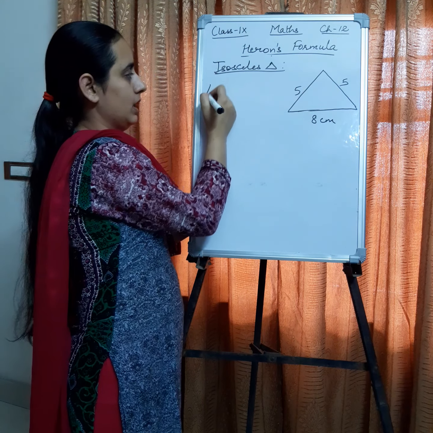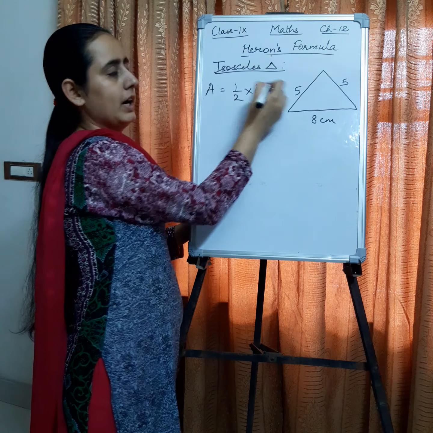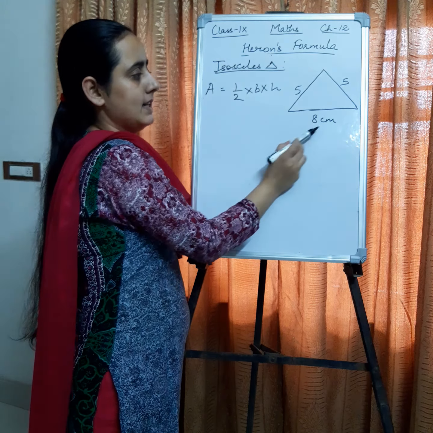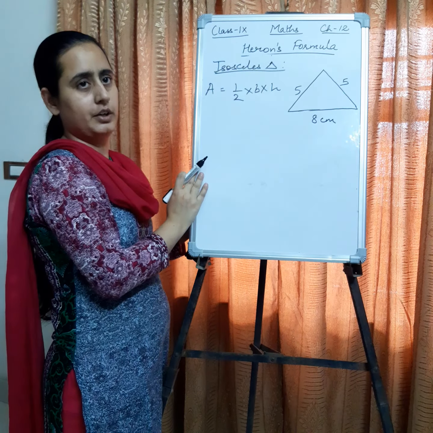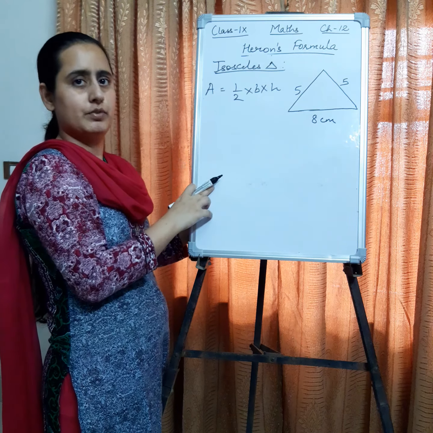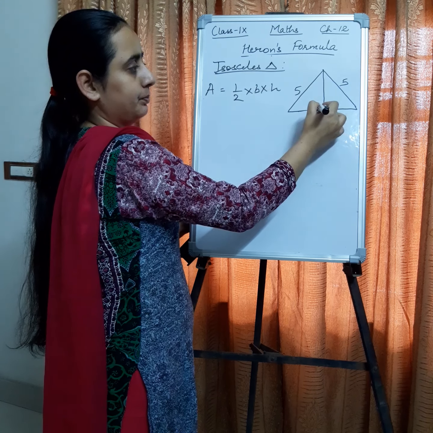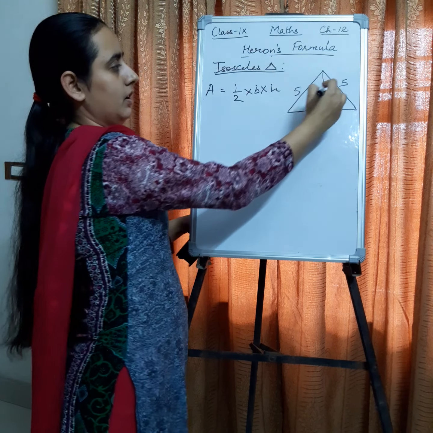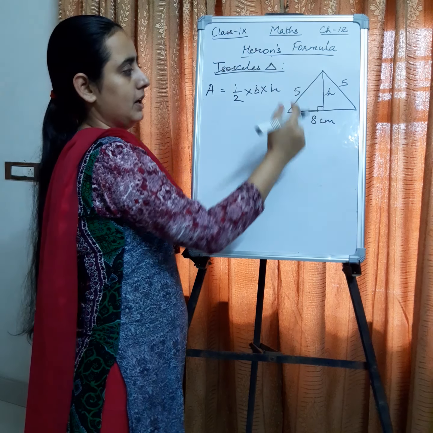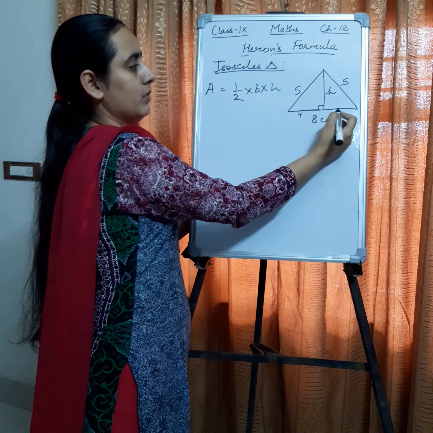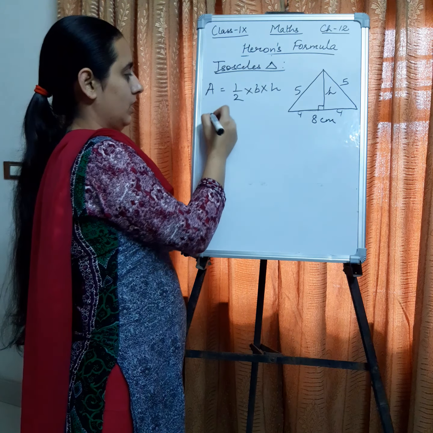We already know that for area we need half into base into height. Base is 8 centimeter, height again not given. So we need to calculate it as we have done in the case of the equilateral triangle. So we will draw the perpendicular, again let us take it as H, and this perpendicular will divide the base into two equal parts, that is 4 and 4.